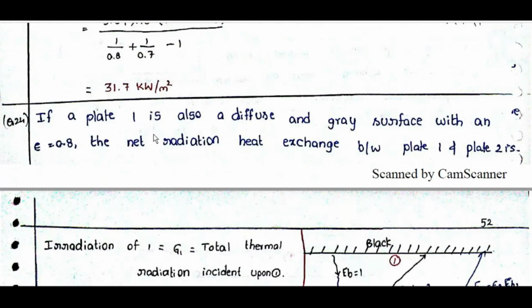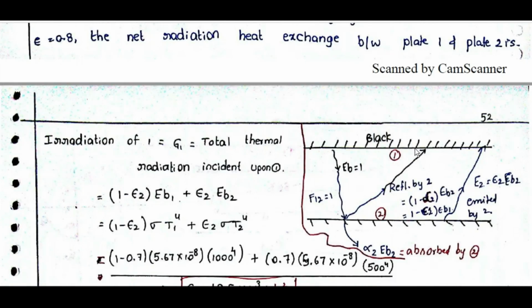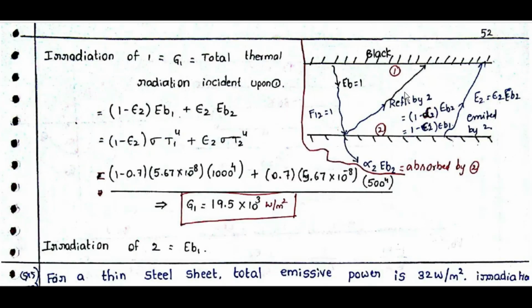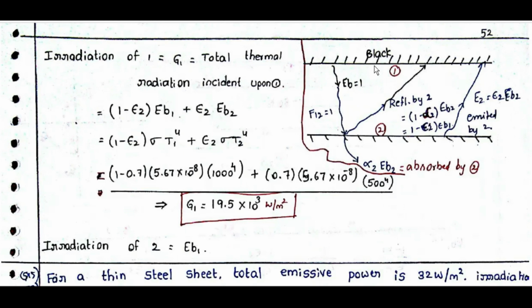Here the question is, if plate 1 is diffuse and gray, find the net radiation heat exchange between 1 and 2. Radiation of 2 is equal to EB2, radiation of 1 is EB1.